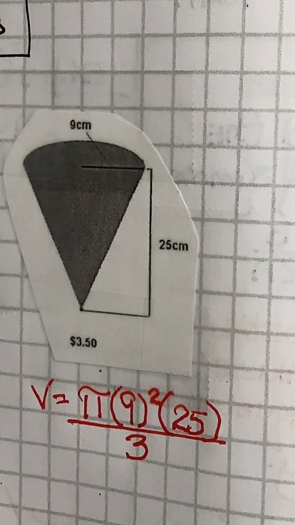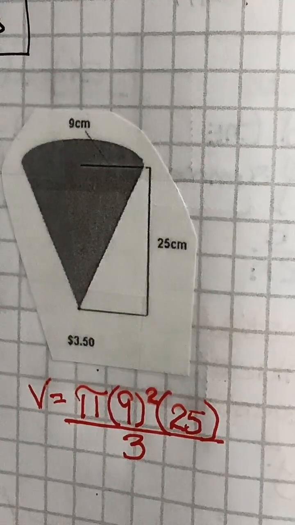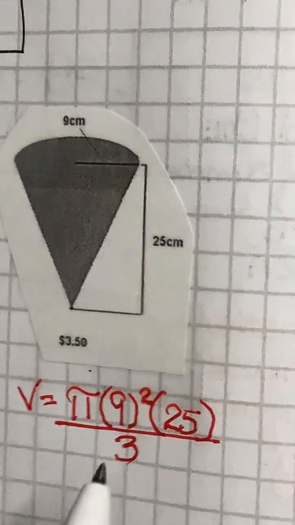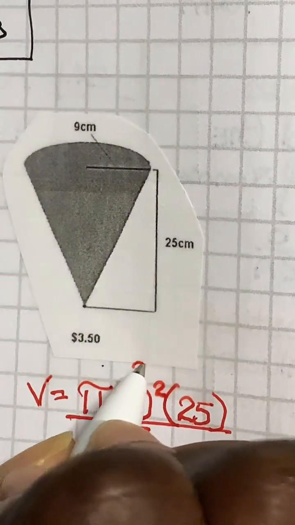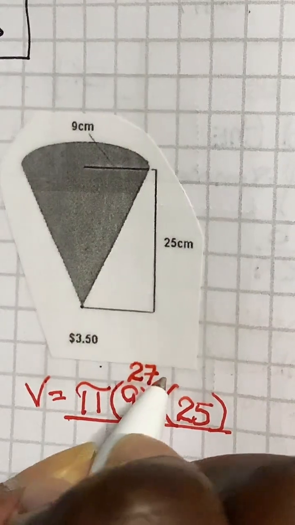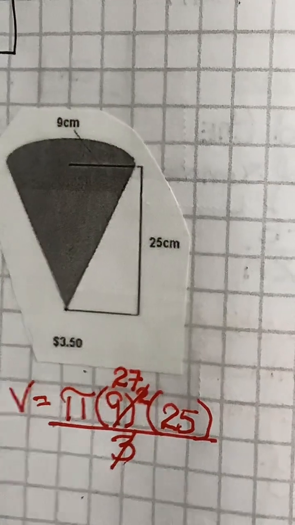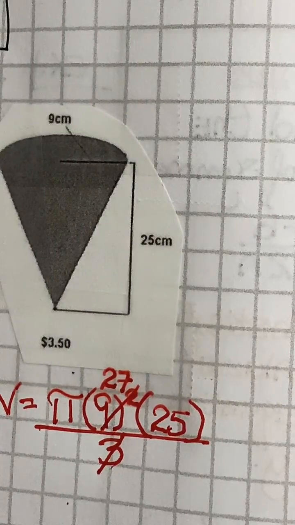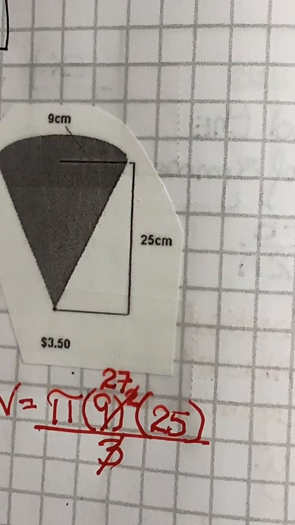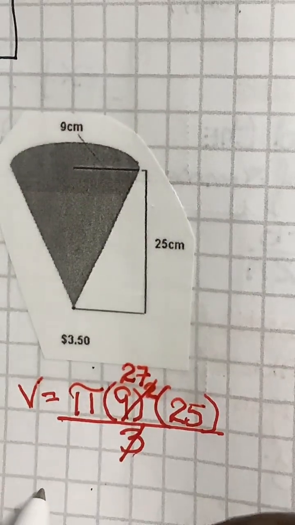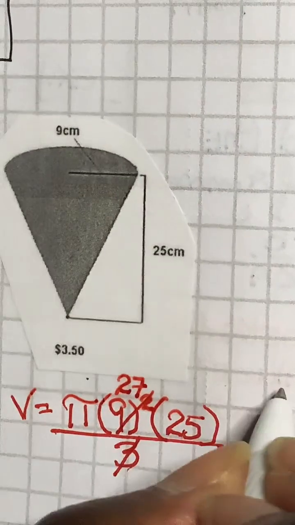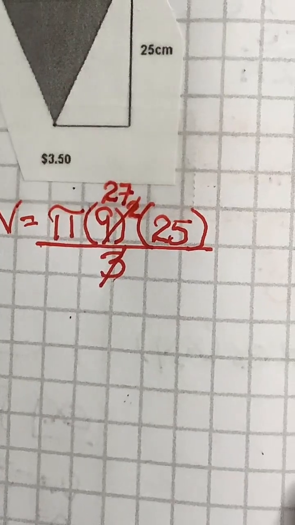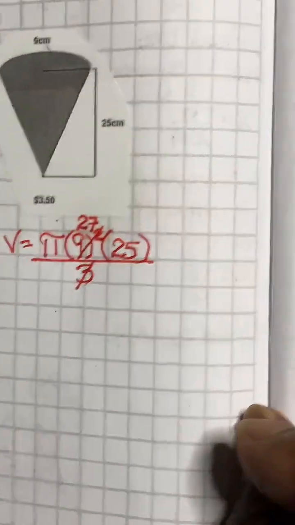Well, we could do the 81 that we're going to get from the 9 squared. Divide that by 3, so we'll get our 27. So now all I need is my 27 times 25. Trying to fit it all on the screen.